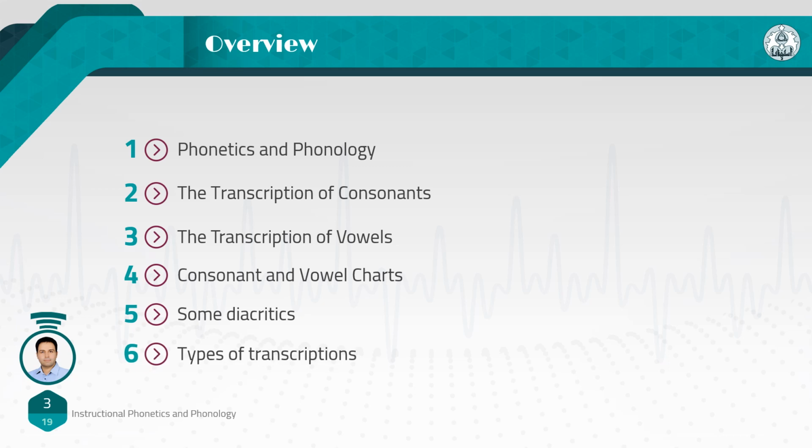We said that we have broad, narrow, and impressionistic transcription. Broad transcription or phonemic, narrow transcription or phonetic, and impressionistic transcription, in which there is an unknown language and the symbols show only the phonetic value of the sounds. Today, I'm going to talk about stop consonants.